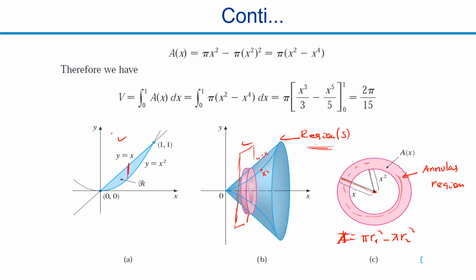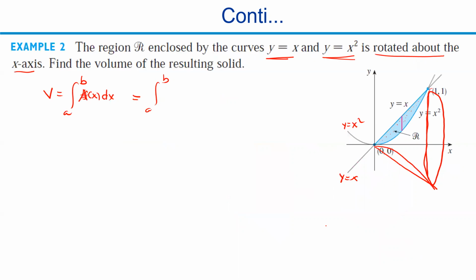So we have pi x squared minus pi x squared squared. Now we have the area: pi x squared minus pi x to the power of 4 dx. But what are the upper and lower integration limits?